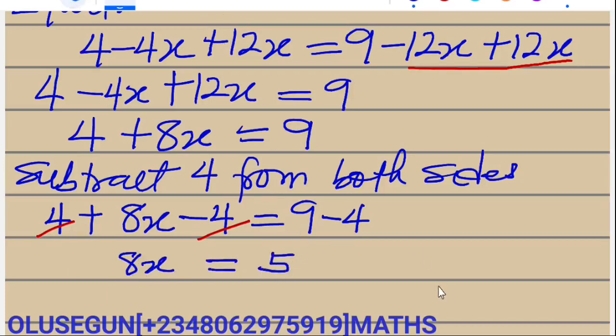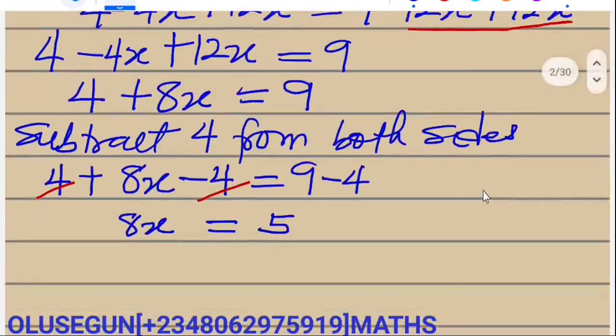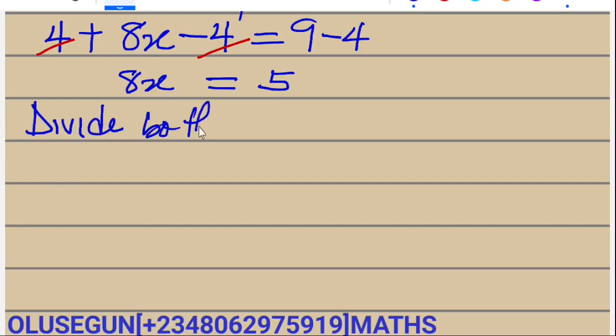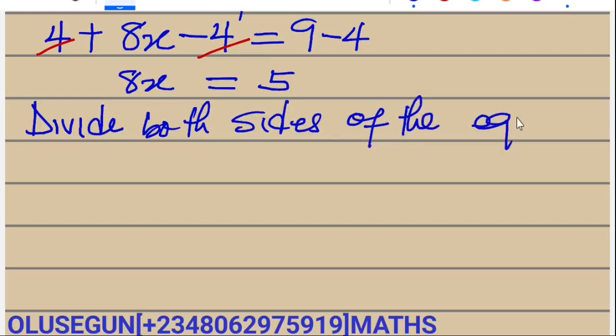So now, if 8x is equal to 5, we are trying to do it in an elementary form. Let's divide both sides of the equation by 8.